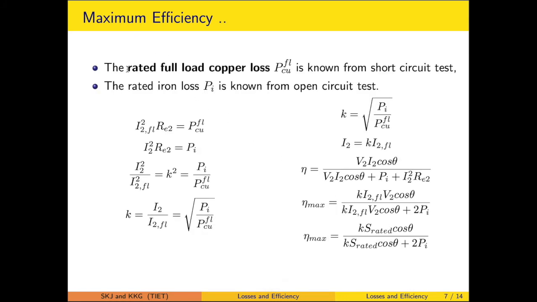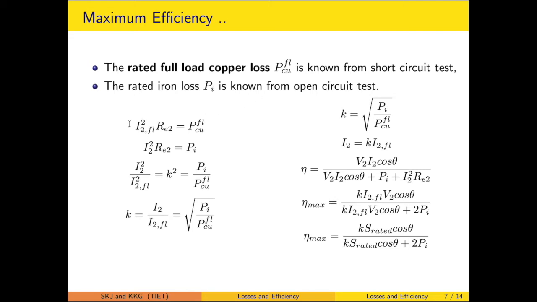Now, if we are conducting tests on the transformer, which will be discussed in the next class, then the rated full load copper loss PCUFL can be obtained from the short circuit test, because this is carried out at the rated current, whereas the rated iron loss is obtained from the open circuit test or the no load test.